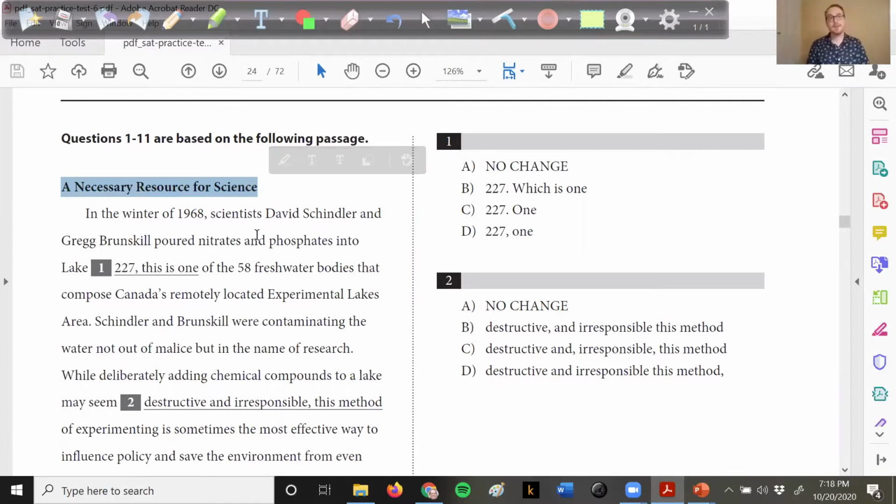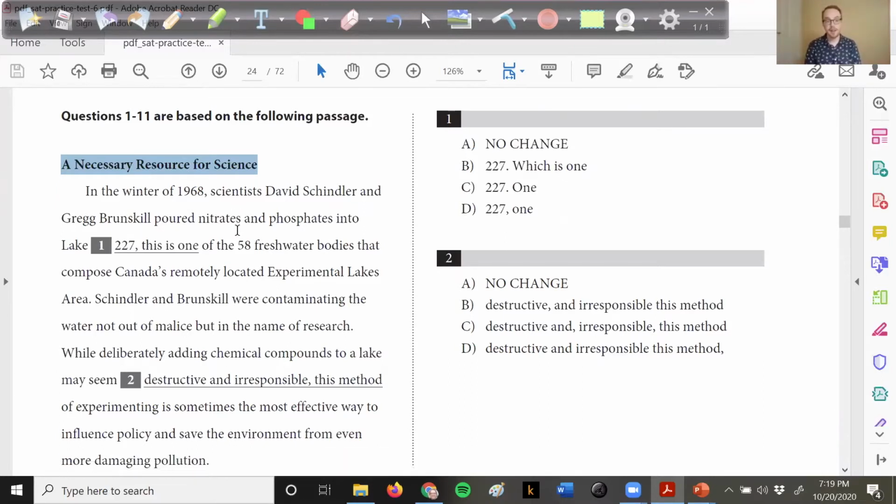Now that title gives you a basic idea of the passage's main idea, and that will be important, but really this is all you need to know. A necessary resource for science. So I know we're probably going to be talking about hard science, like biology or chemistry. And I know we're probably going to be talking about its relationship to natural resources.